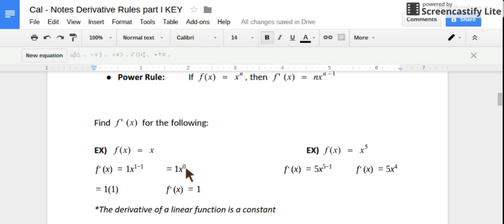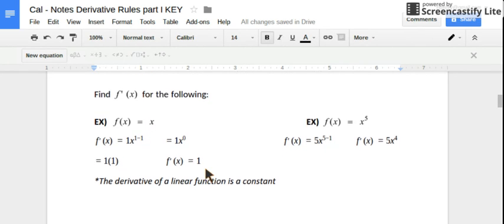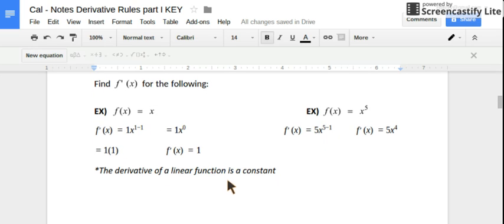And anything to the 0 power is just 1, so we end up with just the coefficient, which is 1. And that represents the slope of a linear function, the coefficient of that variable x. The derivative of a linear function is a constant, and when we graph derivatives, we'll emphasize that a lot more.